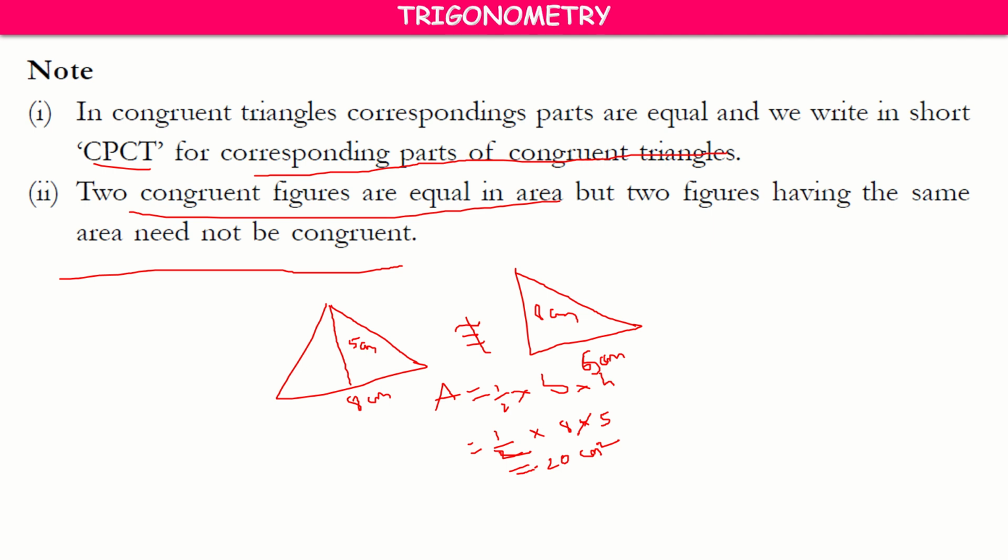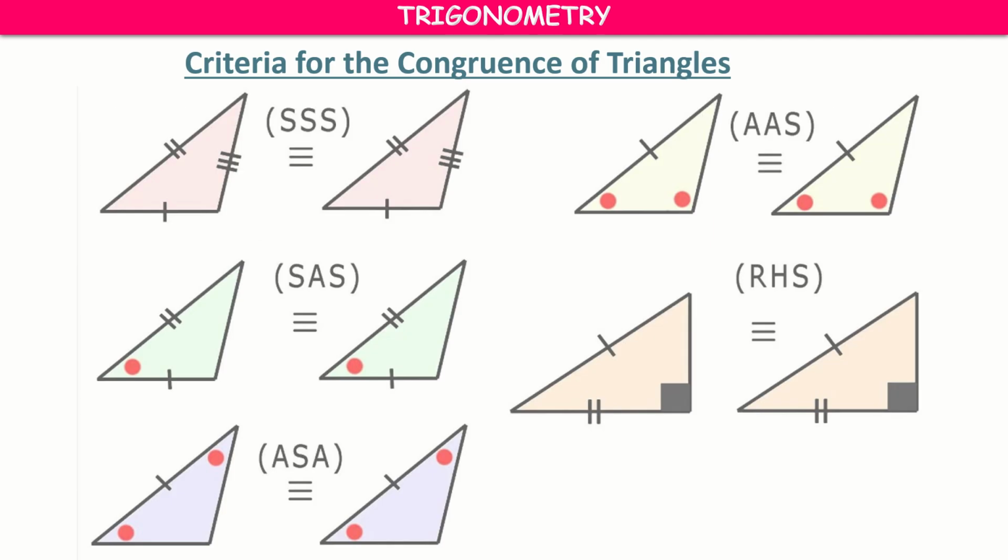If you find the area of this triangle also, you get 20 square centimeters. So if two triangles are congruent, they are equal in area, but if two triangles have equal area, they need not be congruent. This is an important topic.